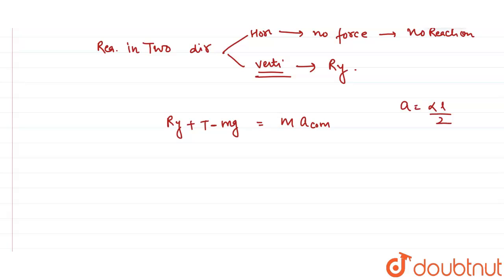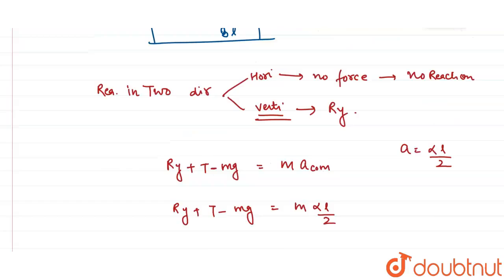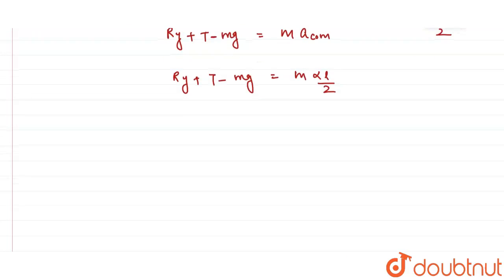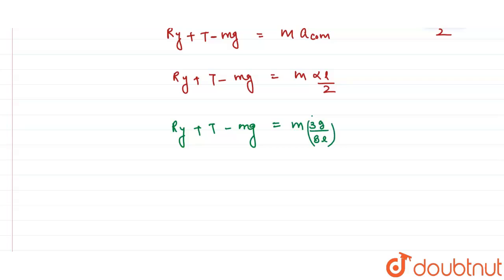So putting the equation, I can write Ry plus T minus mg equals to m alpha L/2. Now I'm going to put the value of alpha, which I already calculated. Value of alpha is 3g/8L. So after putting the value of alpha, Ry plus T minus mg equals to m times 3g/8L into L/2.